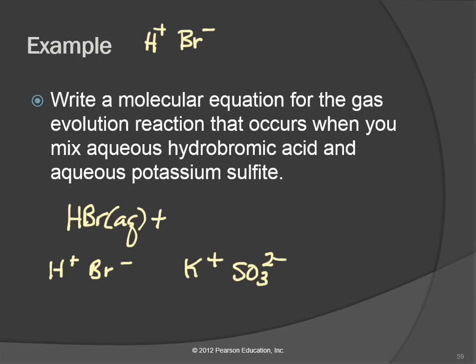It's got one less oxygen. Then we look at the charges on these, +1 and -2. We can do the crisscross thing, or we can think, well, we need 2 of these to balance the charge on that, and so we're going to get K2SO3.